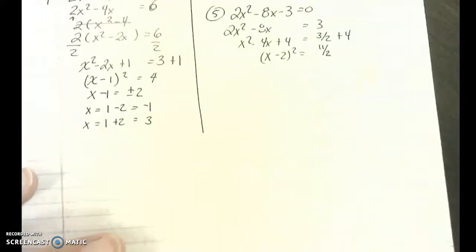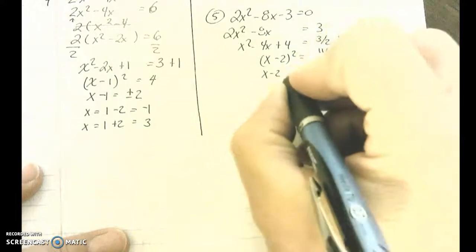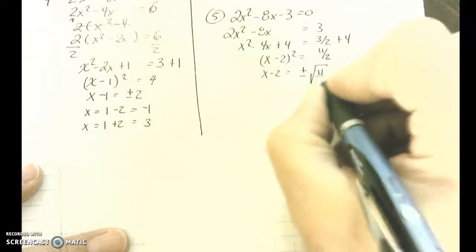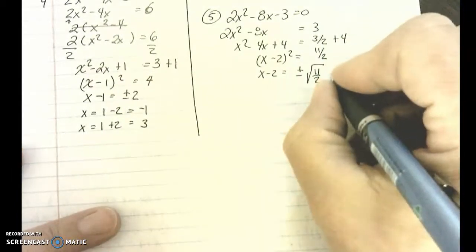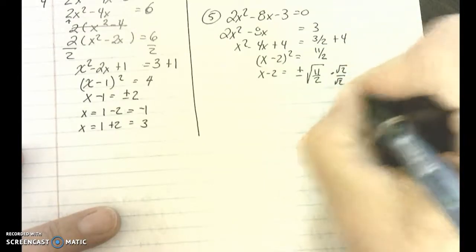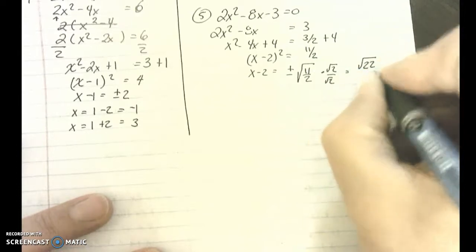Okay. Take the square root of that. I have x minus 2 is equal to plus or minus the square root of 11 over the square root of 2. Now we can't have a radical in the denominator, so I need to rationalize it by multiplying by the square root of 2 to both top and bottom. So then my numerator becomes the square root of 22.